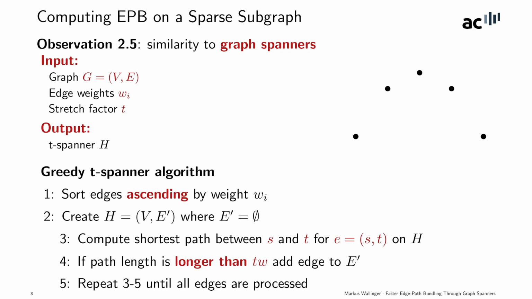Then for each edge according to the sort order, we compute the shortest path between source and target. Now, if the path is longer than T times the edge weight, we add the edge to the edge set. We repeat this process and will eventually arrive at a greedy T-spanner.